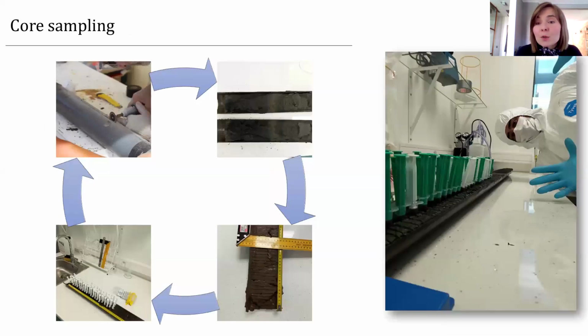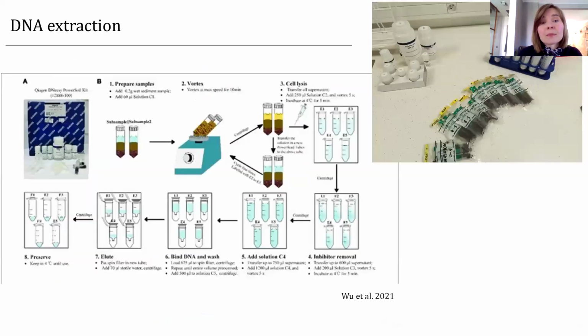The other step is core sampling. Here you can see a picture from our lab where we did it in sterile conditions using syringes. So the core is cut usually in two halves, and then one half is sampled for environmental DNA. From the sediments obtained this way, we need to isolate DNA.